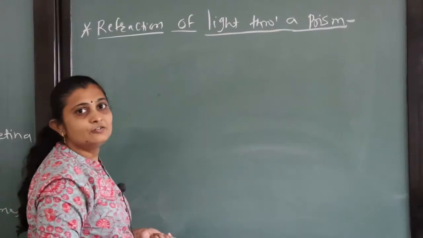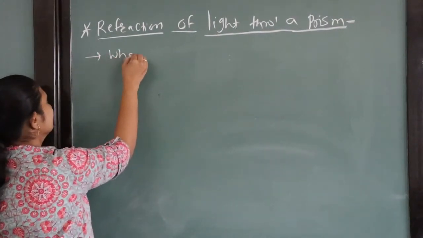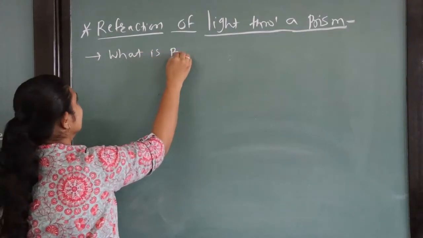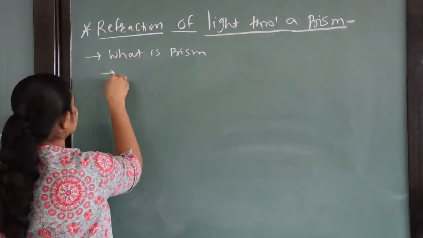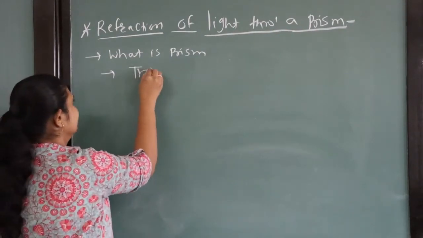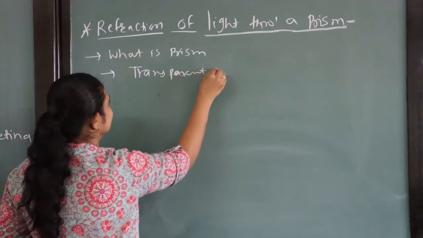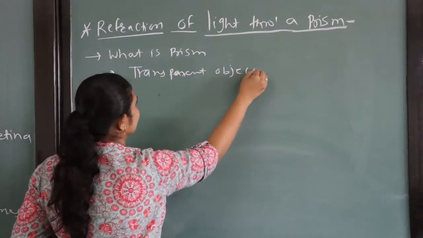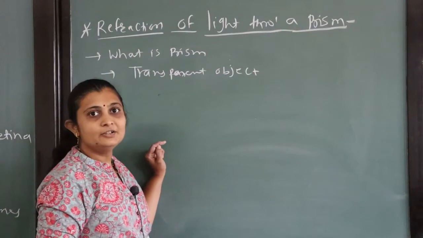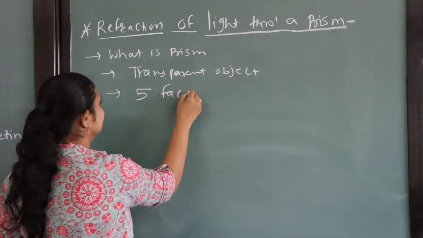Now, first of all, what is a prism? A prism is a transparent object. It is a transparent object consisting of 5 faces.